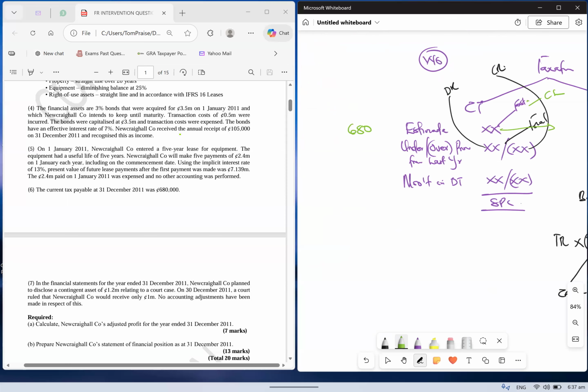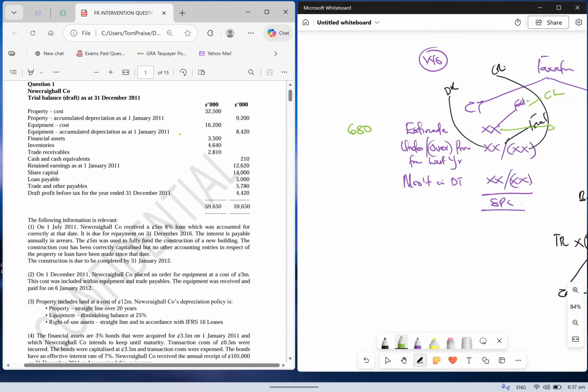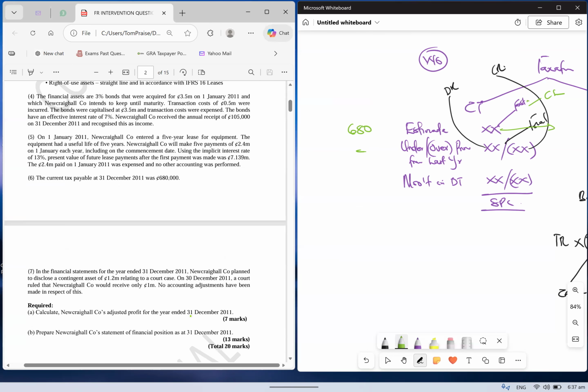Let's go to the trial balance. If you see any over or under provision of tax, that is if there is anything tax. There is nothing tax, so this is dash. And there is no movement in deferred tax. There's no deferred tax also here. So that one too is dash. So it means our 680 will be the one that goes to the current liability.